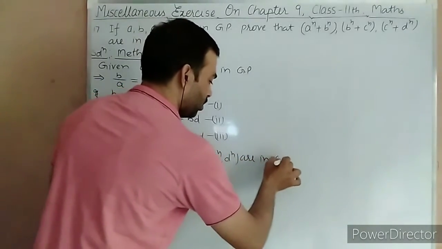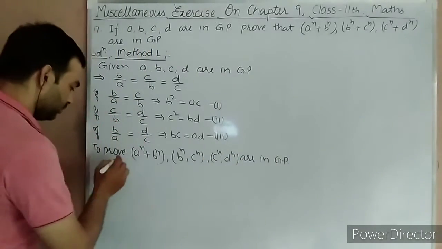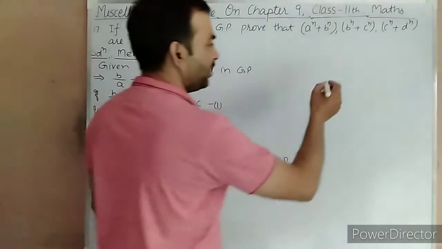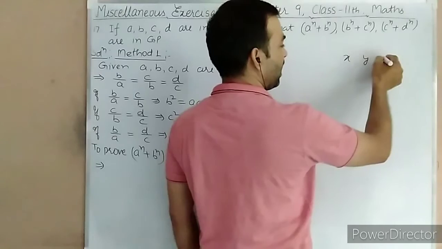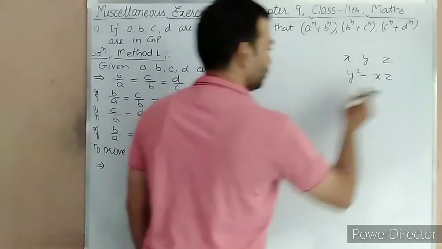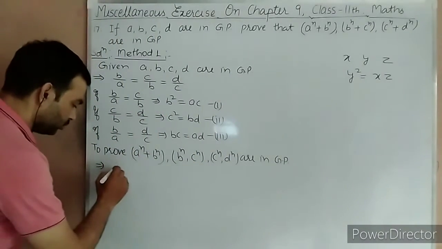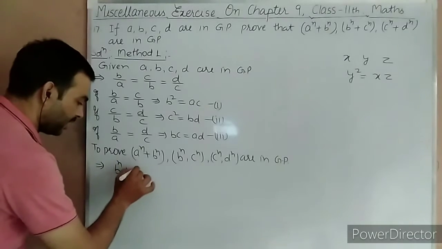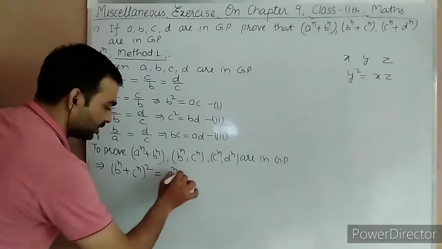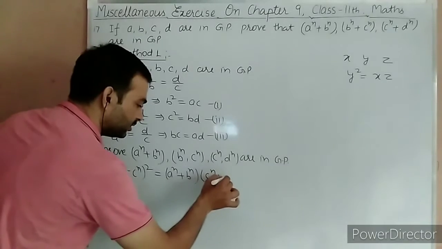In order to prove these three are in GP, we will prove, as we know, if three terms x, y, z are in GP, then the square of the middle term is equal to the product of the other two. Using this, here you can see that this is the middle term, so this implies B power n plus C power n whole square is equal to A power n plus B power n multiplied by C power n plus D power n.